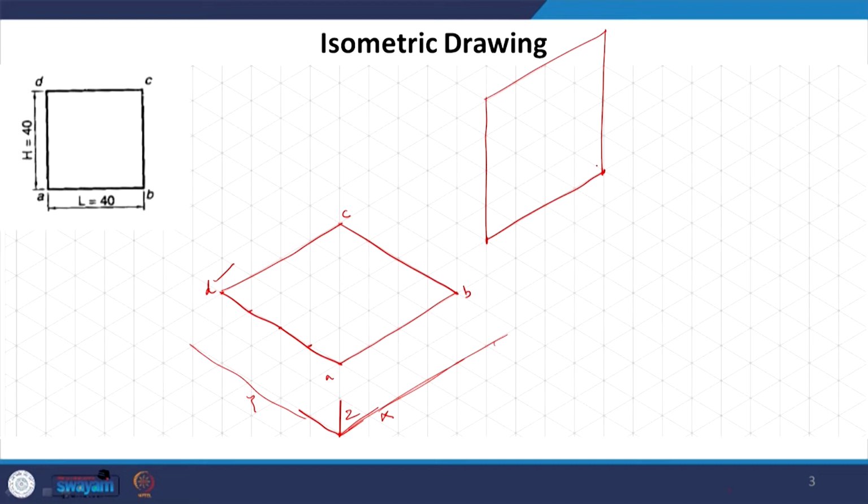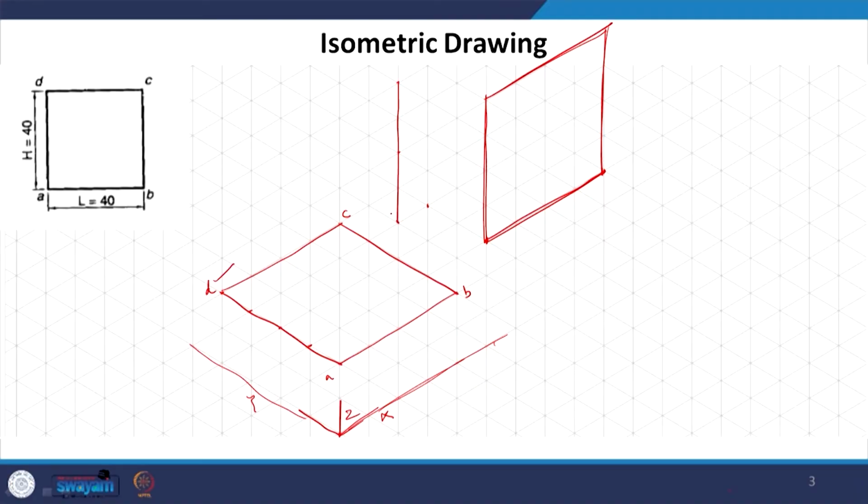So, the plane is vertical, we have kept it vertical to xy. So, we will have two vertical lines, which is what we see here, and two edges which are parallel to x. This is another condition. The same square could be kept in such a way that it is perpendicular to the xy plane and it is parallel to xz.